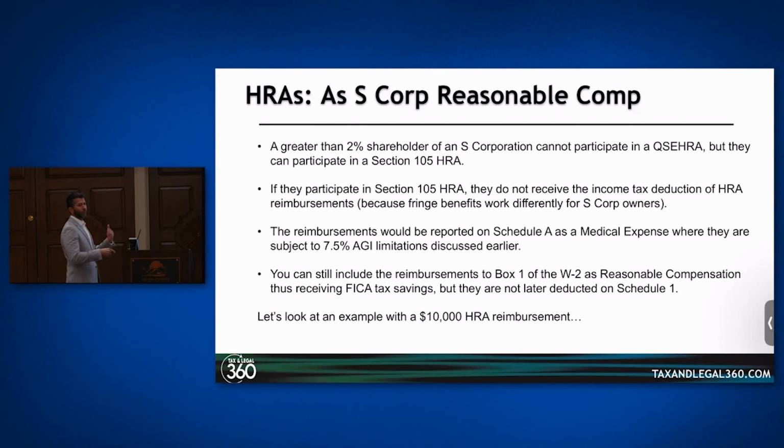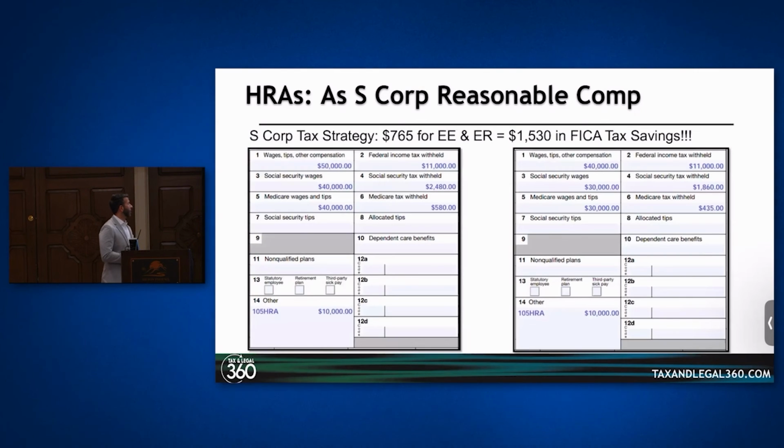This is a recap of some of the things I already showed you just a moment ago. So let's look at an example where you had $10,000 in medical expenses that you wanted to reimburse. And this slide looks very similar. It's basically the same exact math where I was showing you a $10,000 health insurance premium, but we can instead see that in box 14, I've got 105 HRA listed here and not a health insurance premium.